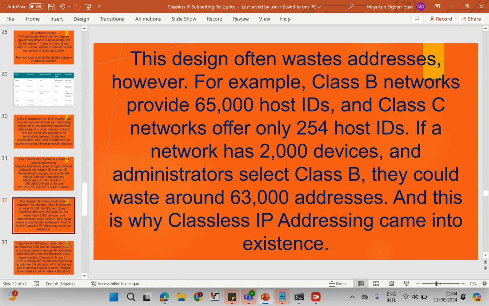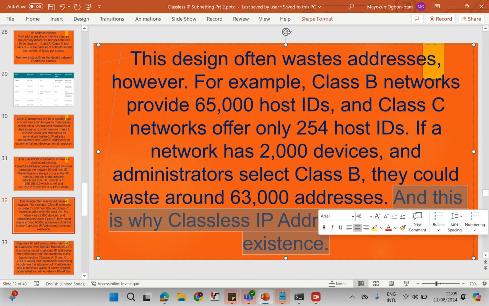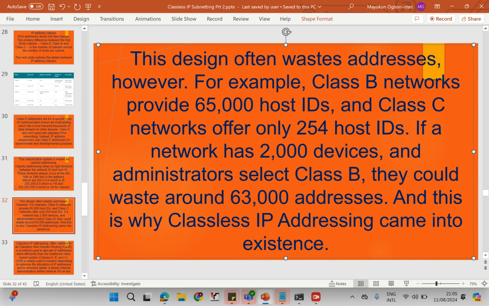When you remove the 2,000 from the 65,000, you will have 63,000 addresses still wasted. And this is why classless IP addressing came into existence, so that we can maximize our IP addresses and not waste them.